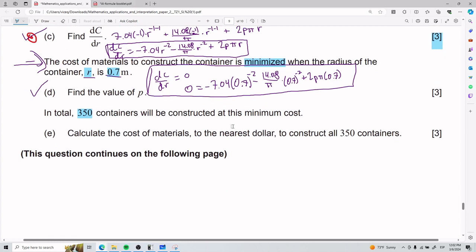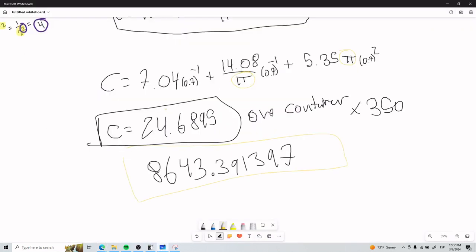They tell you that you need to answer to the nearest dollar. So what is the nearest dollar in this case? Here you just need to round consciously, right?